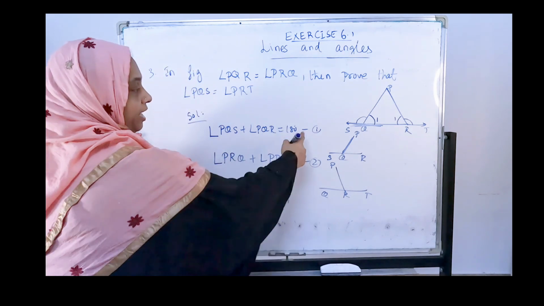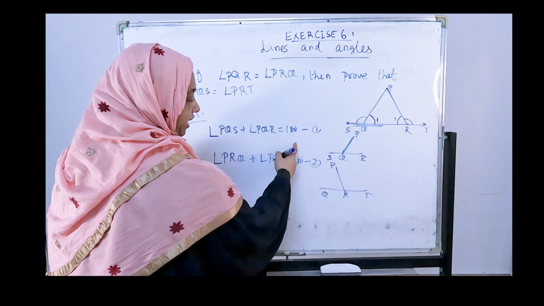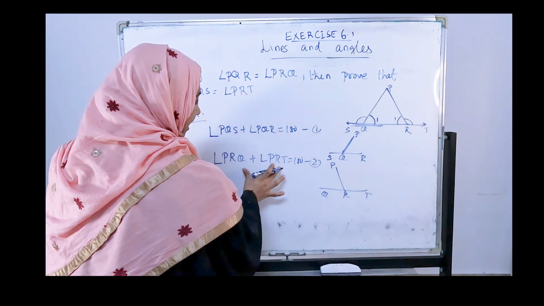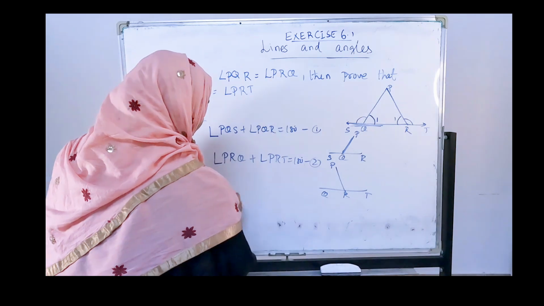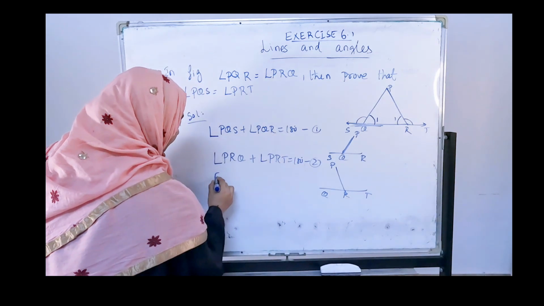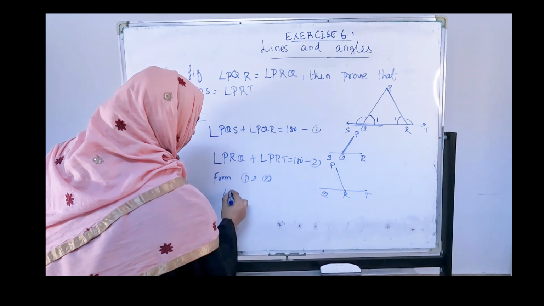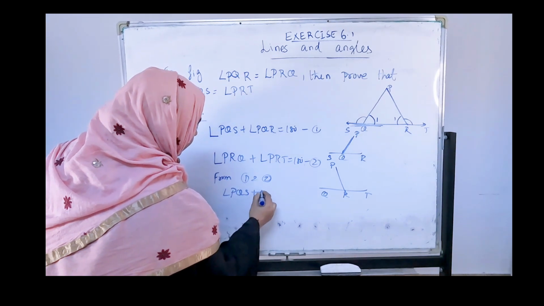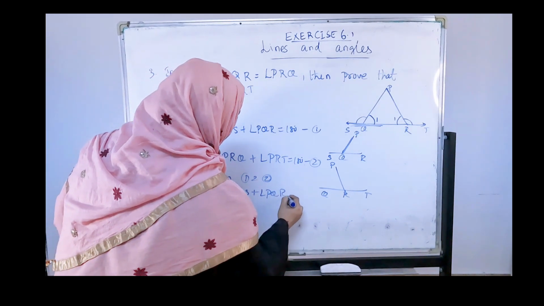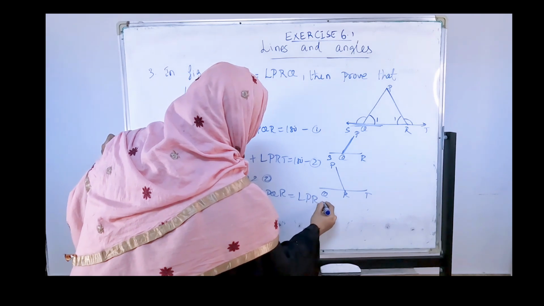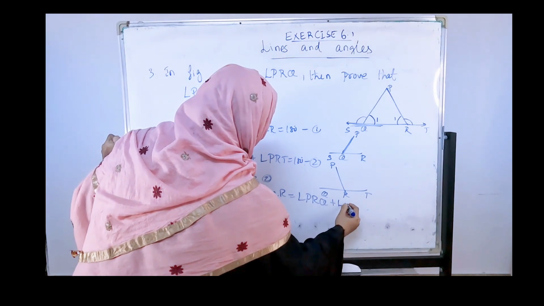Combining 1 and 2, both of them are 180 degrees only, so we can write these both as equal. So from 1 and 2, angle PQS plus angle PQR is equal to angle PRQ plus angle PRT.